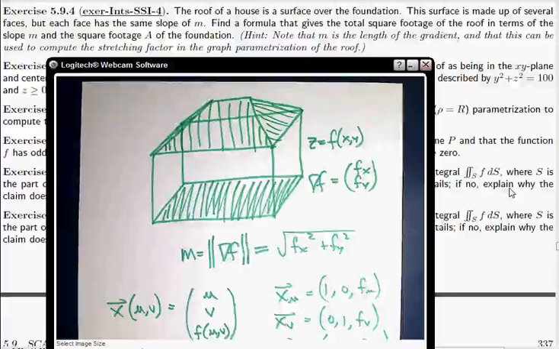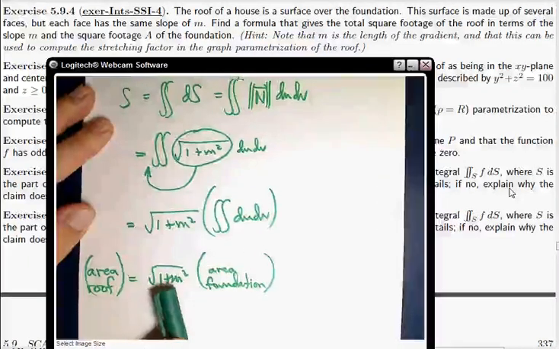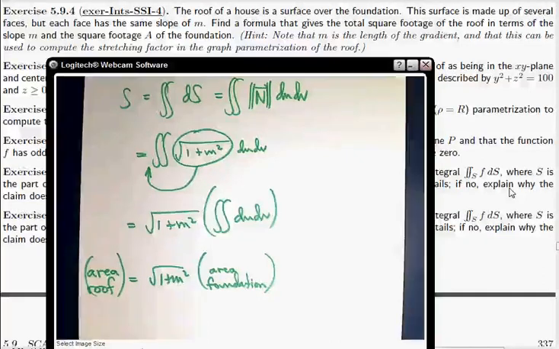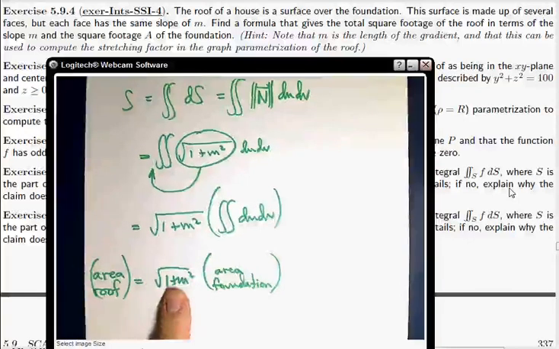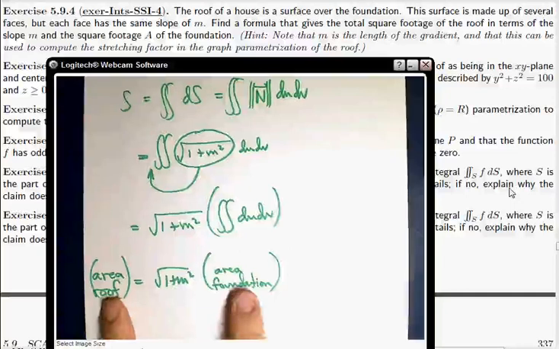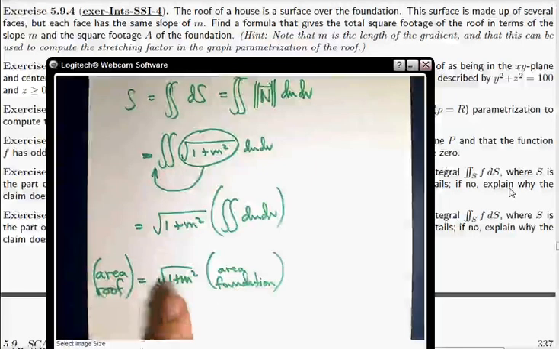And details aside, the nature of this formula, this non-mathematician couldn't come up with. But the idea that, hey, if you've got a constant slope on all your faces of your roof, then there's just going to be a constant factor that relates the roof area to the foundation area. It was a non-mathematician that came up with the fact that there's going to be this relationship. And then it was just a little math, a little algebra to figure out what that factor is.